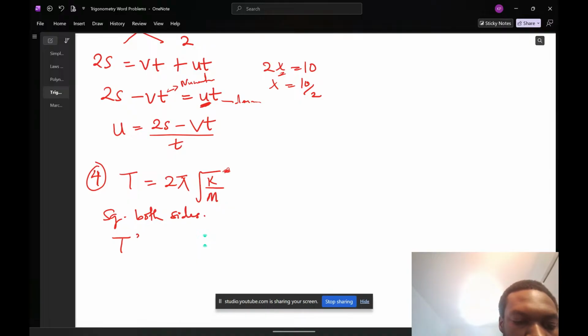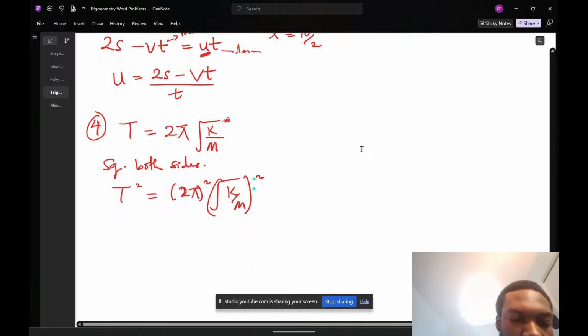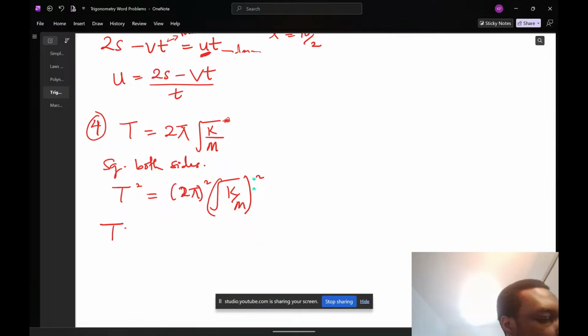That will be t squared is equals to 2 pi squared times the square root of k over m squared. Now this will be t squared is equals to, let's square to open this 2 pi. That will be 4, 2 times 2 is 4, and pi times pi is pi squared.